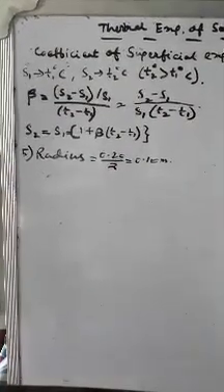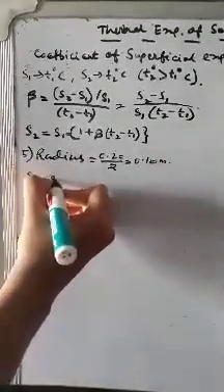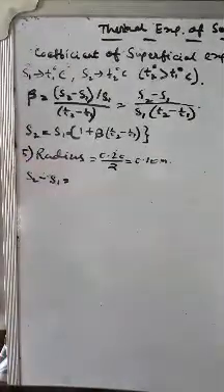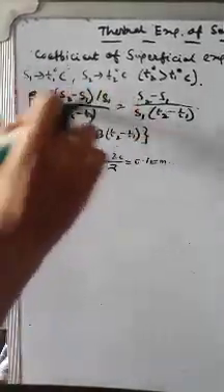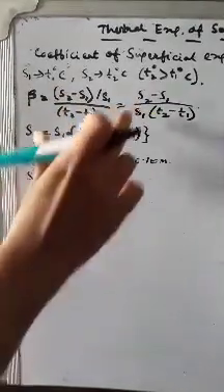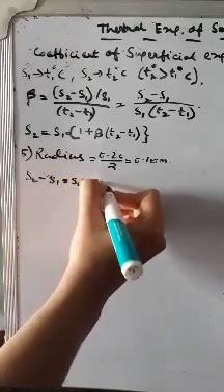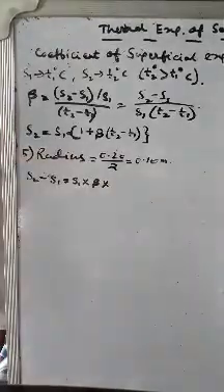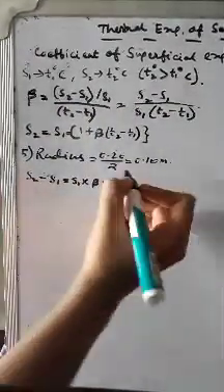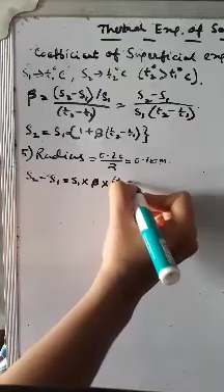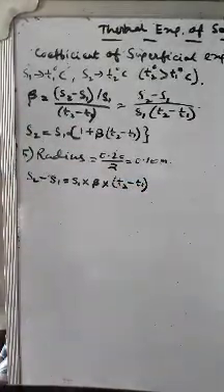If you go through the expression for the coefficient of superficial expansion, you can write this expression once again. S2 minus S1 equals S1 into beta into T2 minus T1, isn't it? I'm just following this formula only. Why am I doing this?